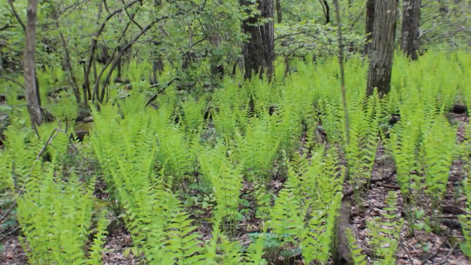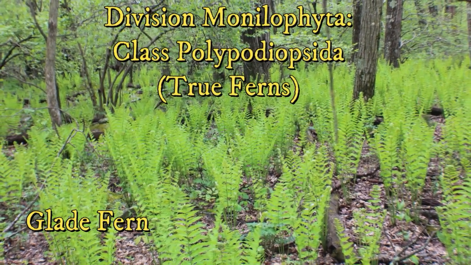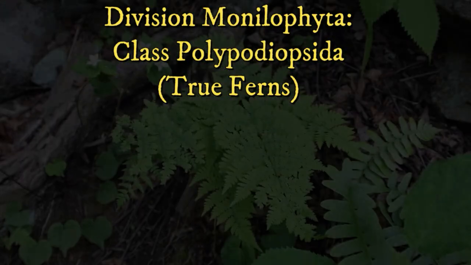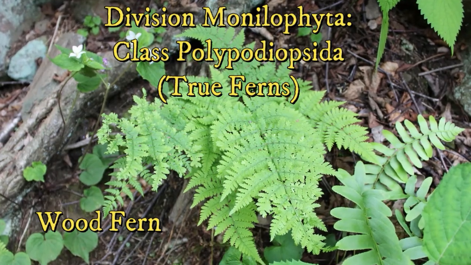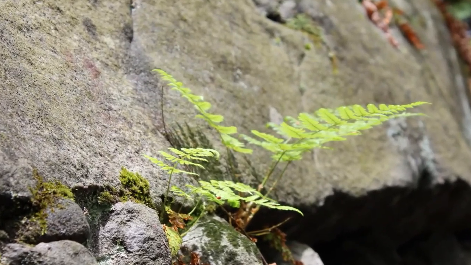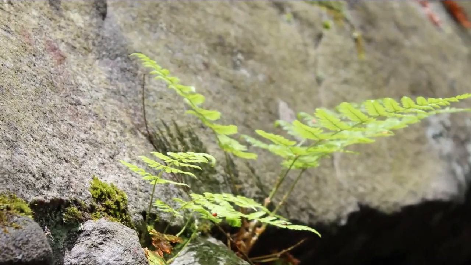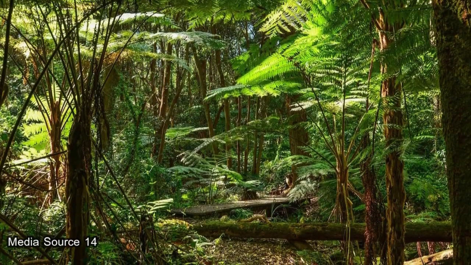The last class of division Monilophyta is class Polypodiopsida, known as the true ferns. Ferns are the most species-rich seedless vascular plants with 12,000 known species, about one-third of which are epiphytes. They are particularly abundant in the tropics and range in size from just a few centimeters to 20 meters tall.